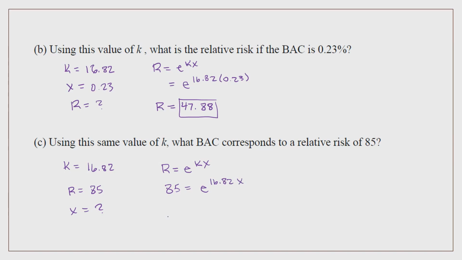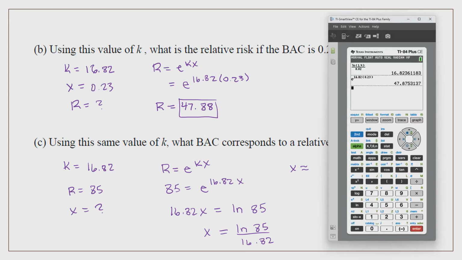16.82x. So to find x, we're going to have to convert this exponential statement to a log statement. So we'll have 16.82x equals the natural log of 85. So x will equal the natural log of 85 divided by 16.82. So we'll enter that into our calculator to get the approximate value of x.